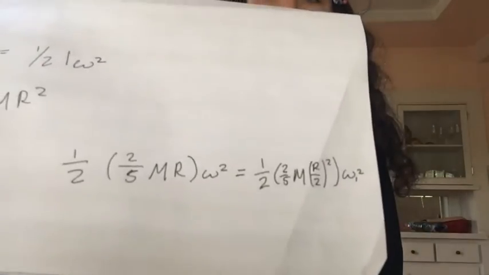So this is what we have now. Now we're just going to simplify this and see what cancels out to see what our new angular velocity will be.